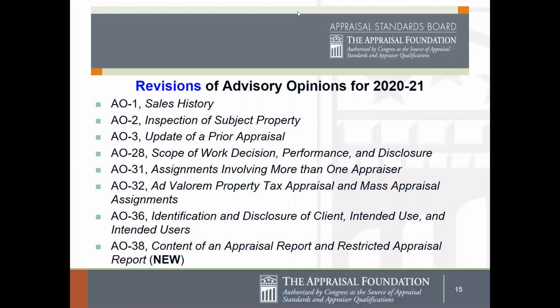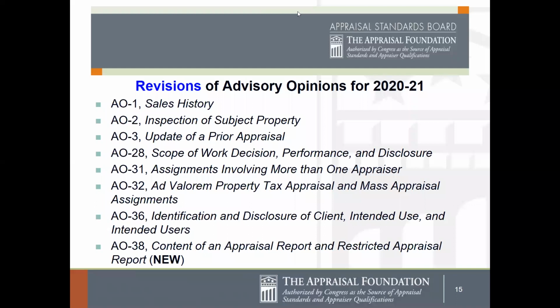And we also wanted to adopt some changes to reflect some changes in the marketplace related to an appraiser's inspection of a property. The guidance and illustrations further flesh out the appraiser's responsibility when perhaps relying upon an inspection completed by others, and the options an appraiser has when and if the assignment conditions are such that the appraiser cannot make a personal inspection.